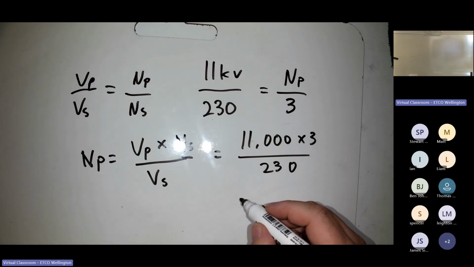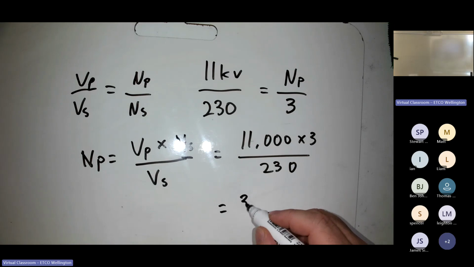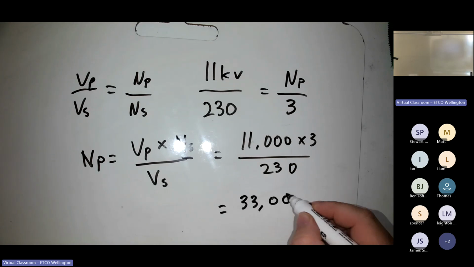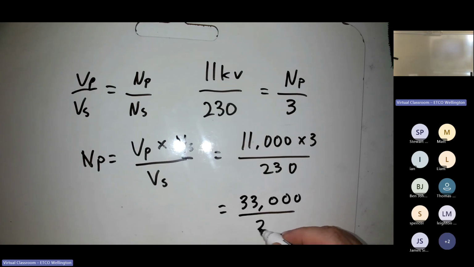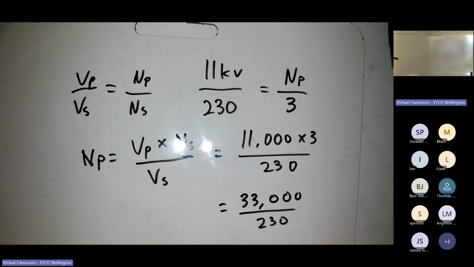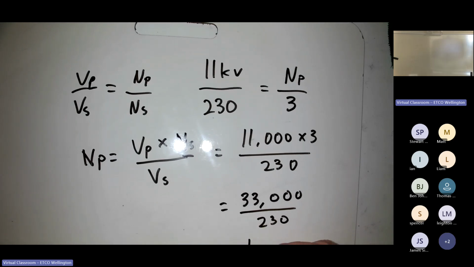And we can simplify that down to 33,000 divided by 230, which, as Ollie correctly said, is 143 point, well, it's 47826, etc. But we simplify it to 143.482 to 3 decimal places.